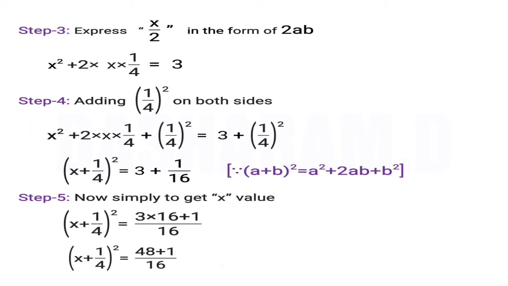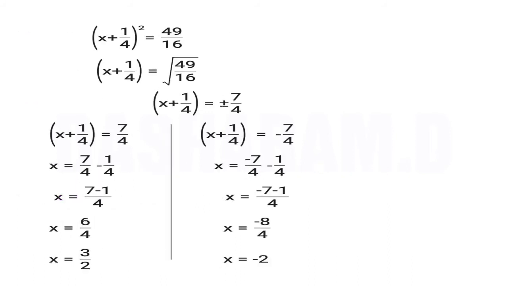Next is step 5. Now simplify to get the x value. So here 3 can be written as 3/1. Then the LCM of 1 and 16 is 16. So (3 into 16 + 1)/16. 3 16s are 48. (48 + 1)/16. So 49/16.